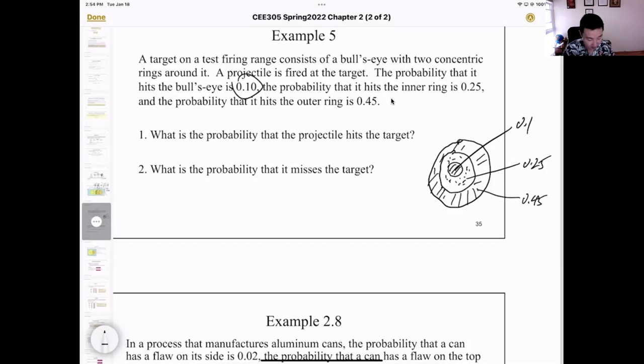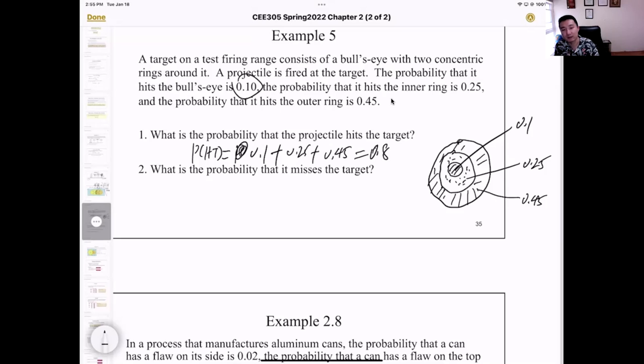So simply, P(hit the target) is equal to the probability of hitting the bullseye, 0.1, plus the probability of hitting the inner ring, 0.25, and the probability of hitting the outer ring, 0.45. So that is 0.8, an 80% chance the projectile will hit the target.